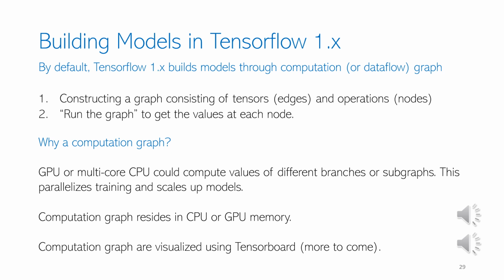We will see examples of how you create your computation graph and how you can even visualize that graph. But why do we need a computation graph? This basically lets TensorFlow understand how to parallelize your computations easily on a GPU or even on a CPU.